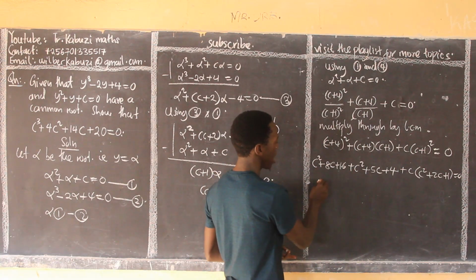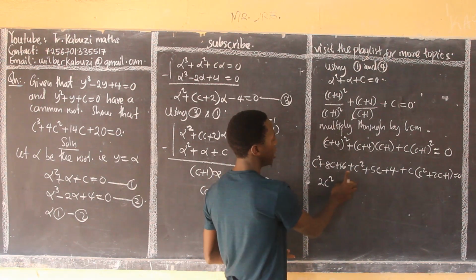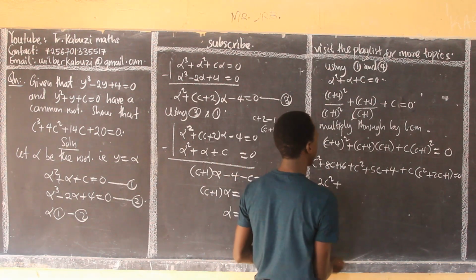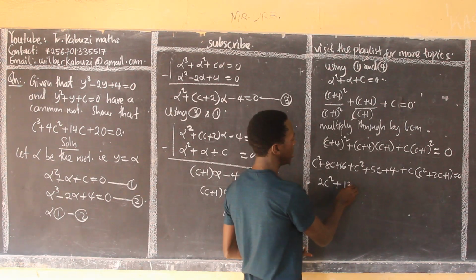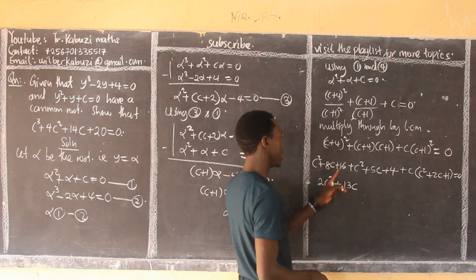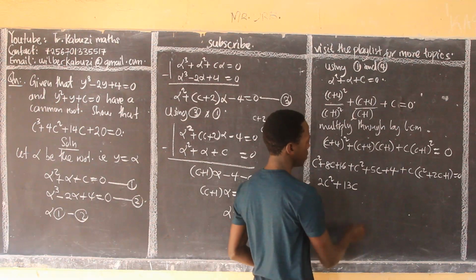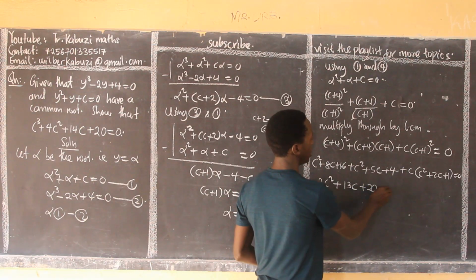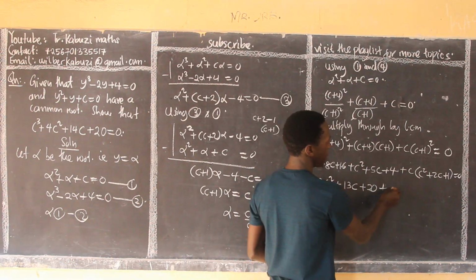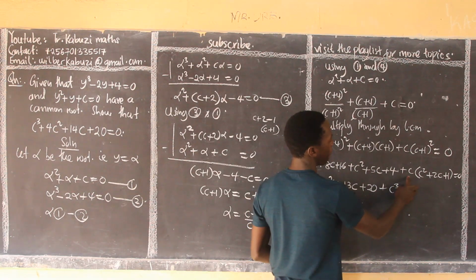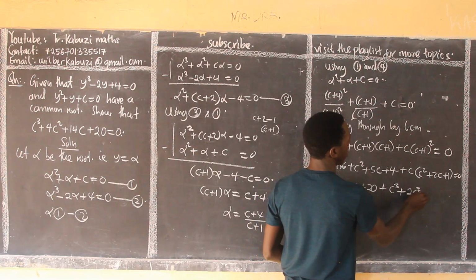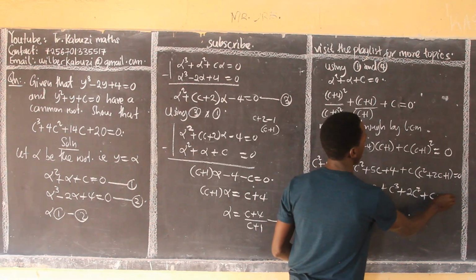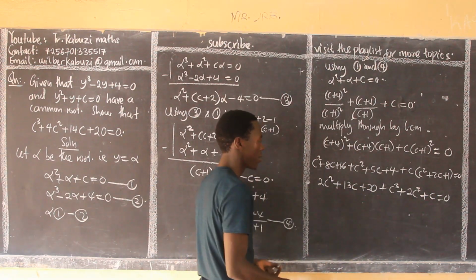Then we just simplify. This and this, I have 2c squared, this and this, then plus 8c plus 5c, that gives me 13c, then 16 plus 4 to get me 20, then plus, I open brackets here, c cubed plus 2c squared plus c equals 0. Then we just collect like terms.